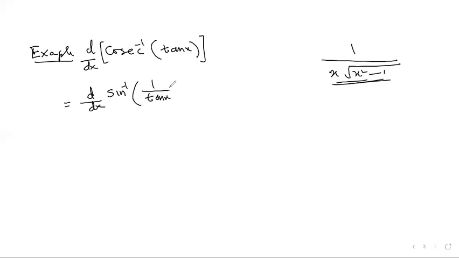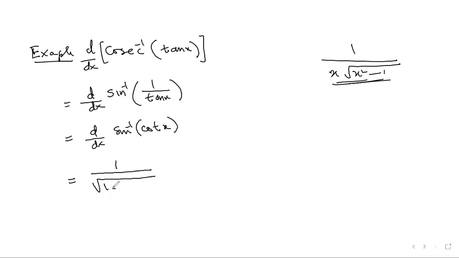Have you understood this step? Whenever you come across cosec inverse and sec inverse, take the reciprocal of the bracket term, and now you can write this as sin inverse cot x. Now you can differentiate it in one step. Now tell me the derivative. Sin inverse: 1 by root of 1 minus cot square x into derivative of cot x.